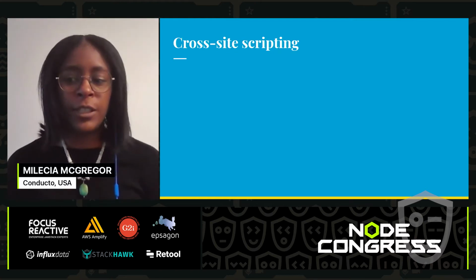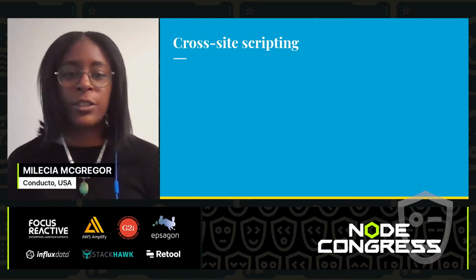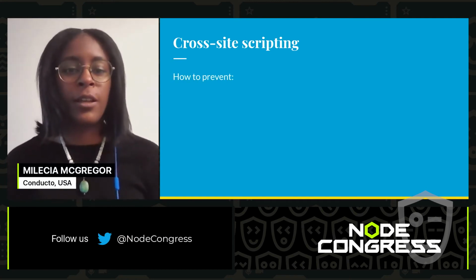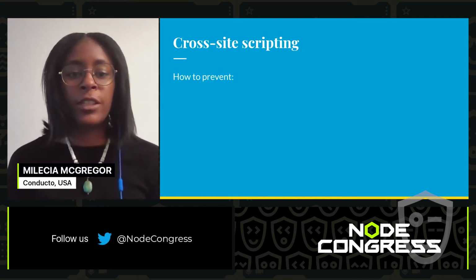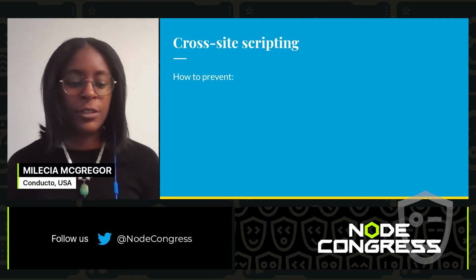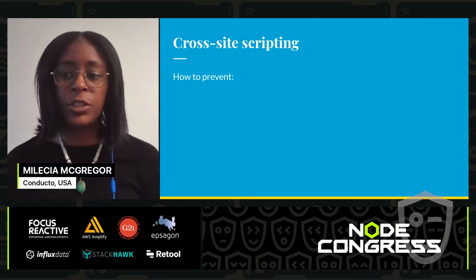So, the first thing we're going to talk about is cross site scripting. And this is basically when somebody injects JavaScript into your app and it makes the app redirect users to some other place.